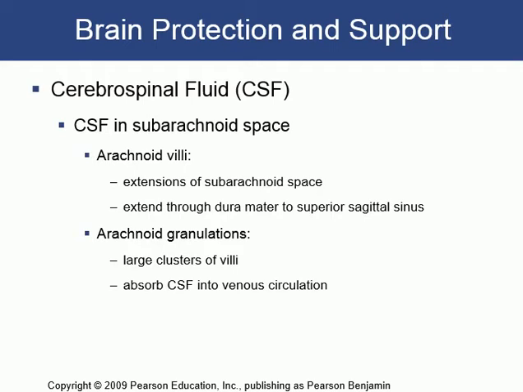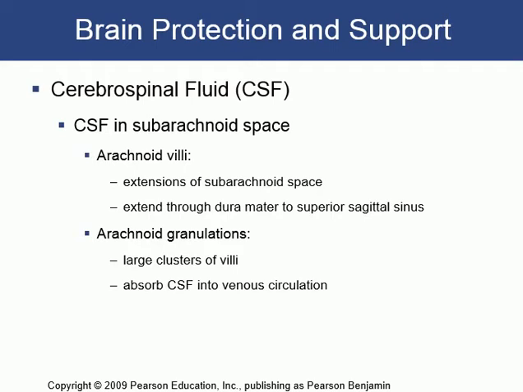It goes from ventricle to ventricle to ventricle, central canal of the spinal cord, to the subarachnoid space, to the dural sinuses. In the dural sinuses we have these. What are these? These are the arachnoid villi and arachnoid granulation. This is going to absorb it, take it, release it to the veins, go to the heart.